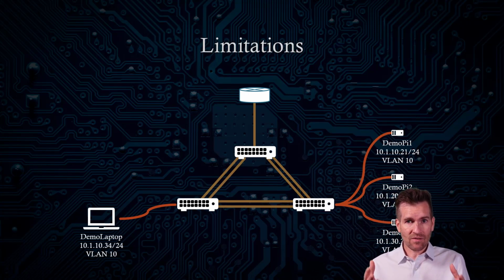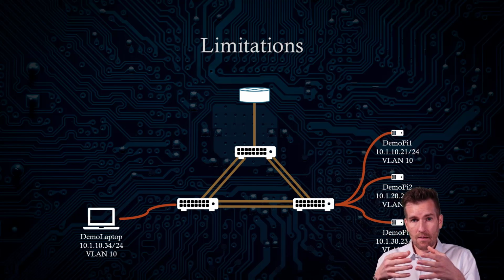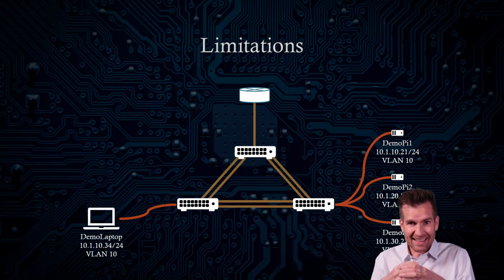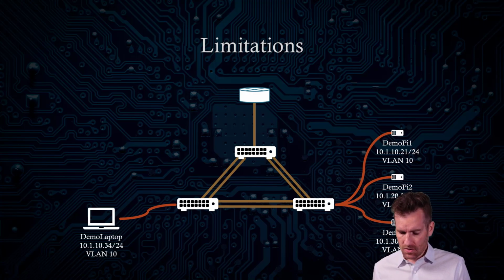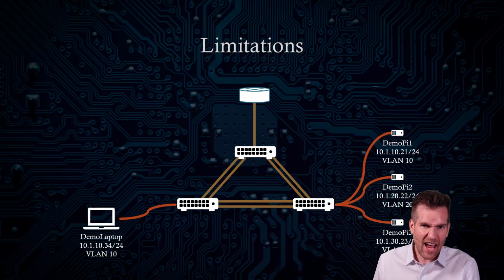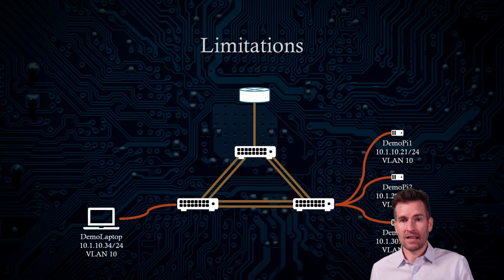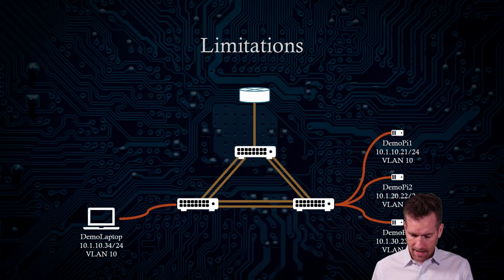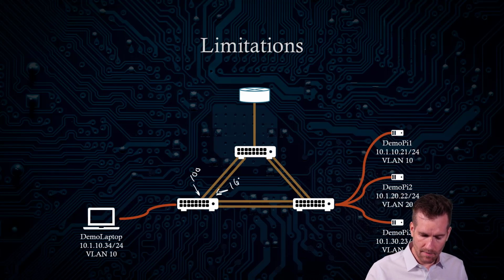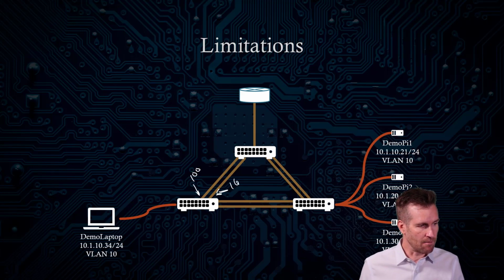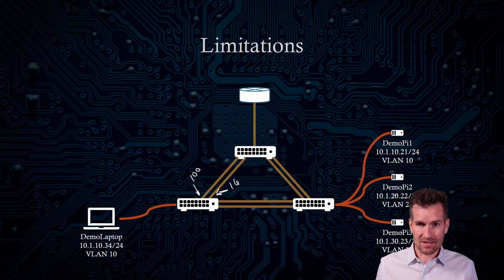Some limitations of link aggregation is you can only bind up to 8 connections at any given time. So that's one of the limitations. Another limitation is you can't combine a Fast Ethernet and a Gigabit Ethernet at the same time. So this side can't be at 100 meg and this side at 1 gigabit per second. That type of connection isn't going to be allowed.